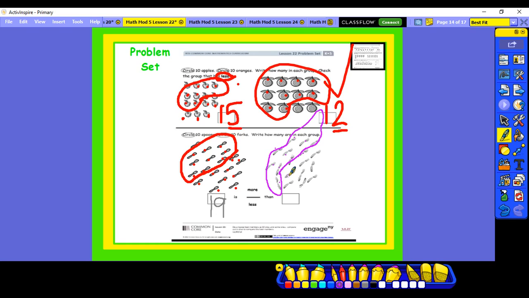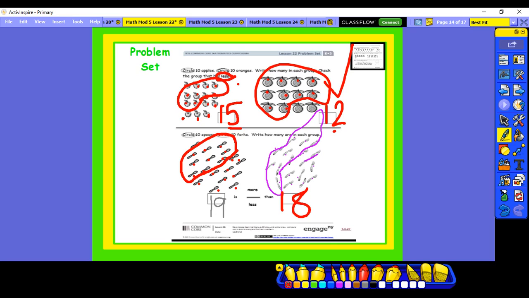How many are left over? 1, 2, 3, 4, 5, 6, 7, 8. 10, 8 forks. What is the teen number amount? Hide the 0. 10, 8 is 18.